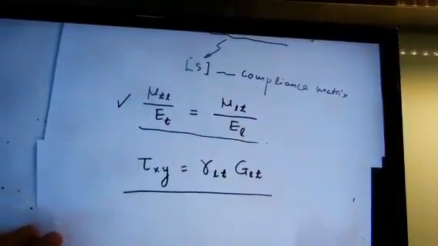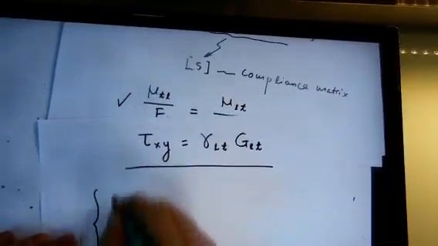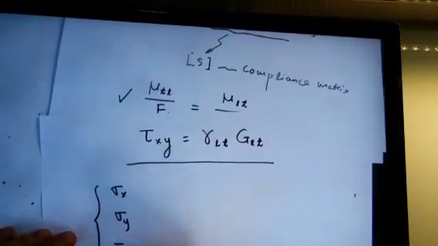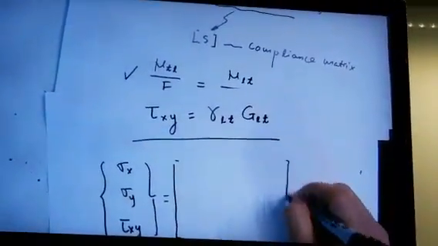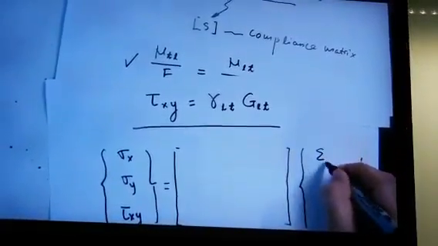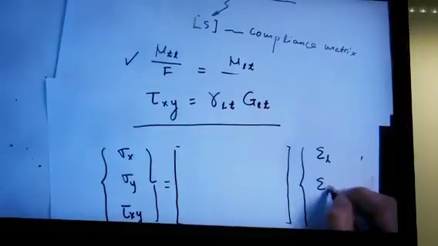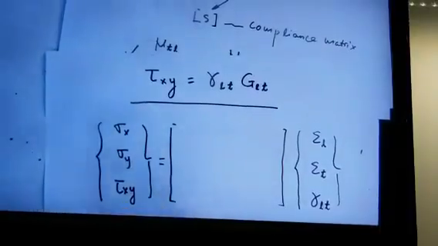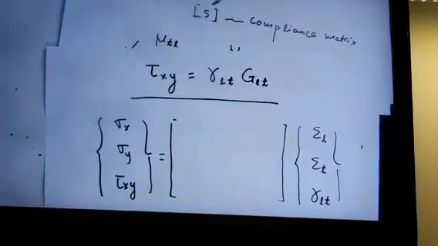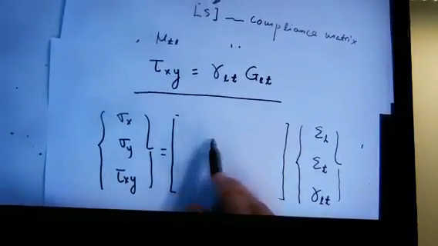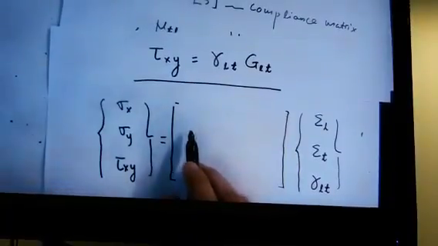If you combine those three equations together, on the left we can write epsilon L, epsilon T, gamma LT, and there's a matrix here. From those three equations, you can figure out what the terms of this matrix should be.